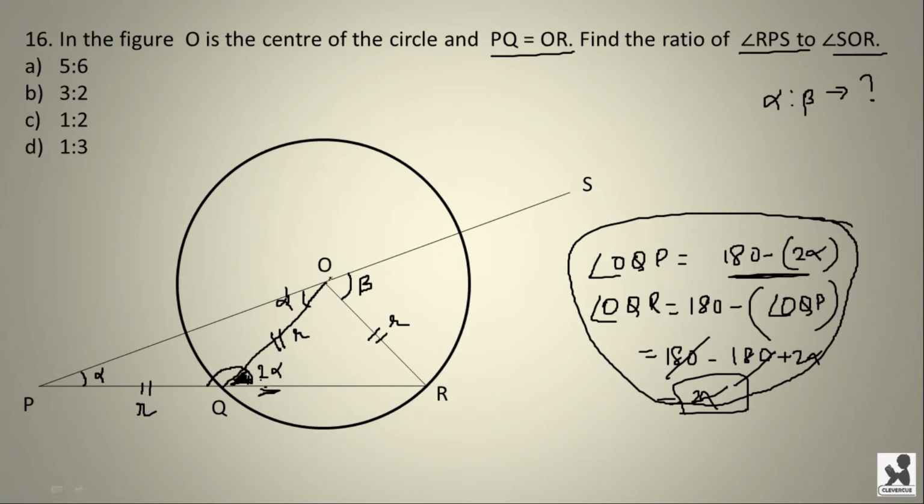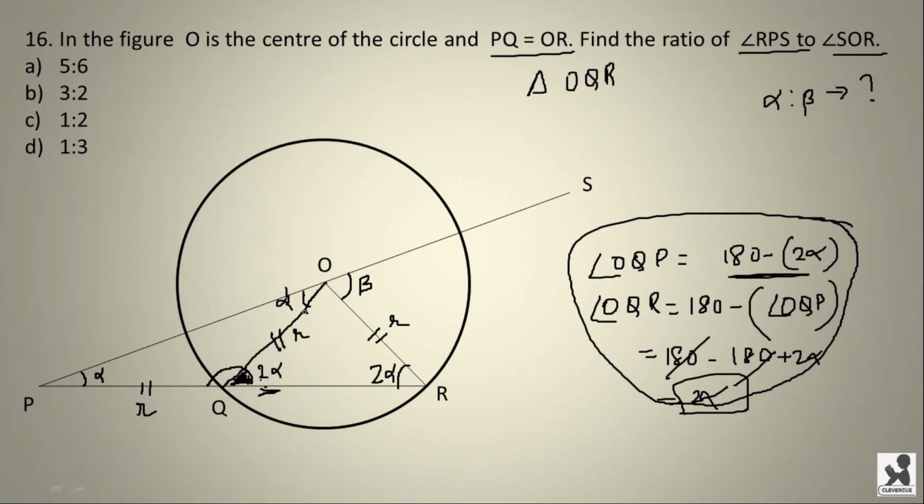Here we can again see that triangle OQR is an isosceles triangle. So angle ORQ will also be 2 alpha. I think everybody is understanding this point. So consider the triangle OQR now.